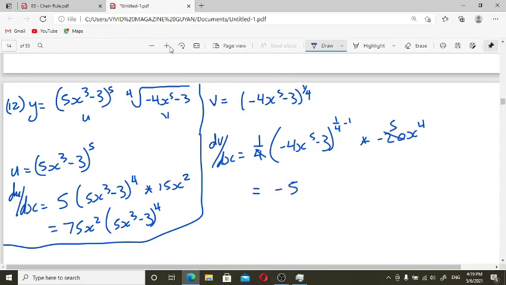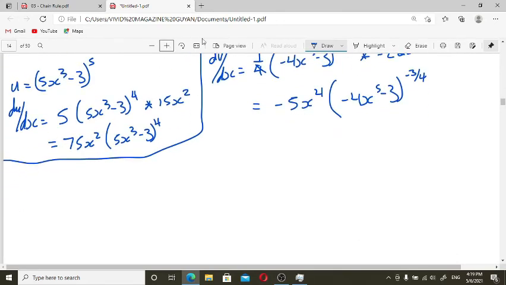So this is minus 5x to the 4th of minus 4x to the 5th minus 3 raised to the minus 3 over 4. Still not done.